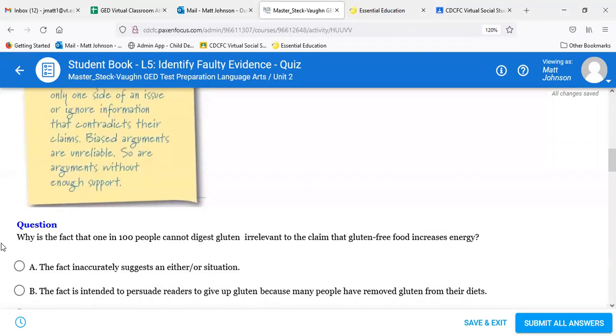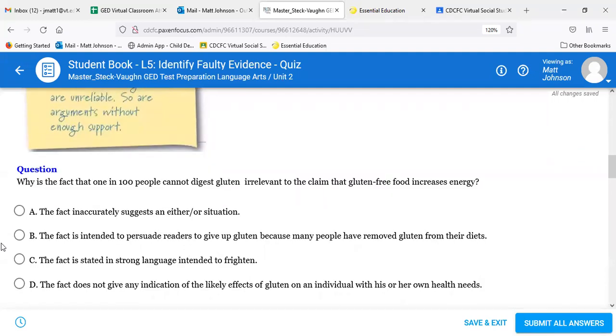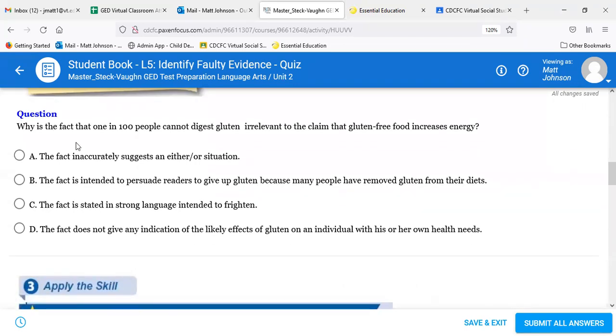So let's take a look at number one here. Etta, could you read number one? Okay. It says, why is the fact that 1 in 100 people cannot digest gluten irrelevant to the claim that gluten-free food increases energy?